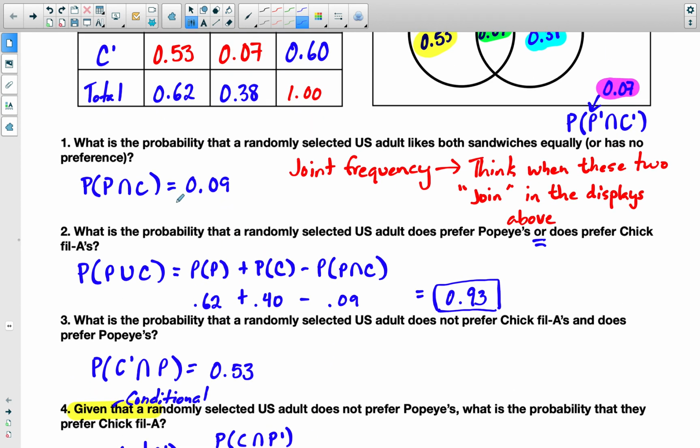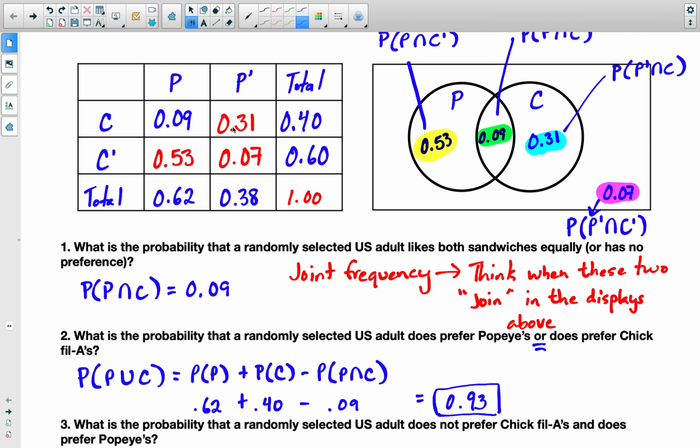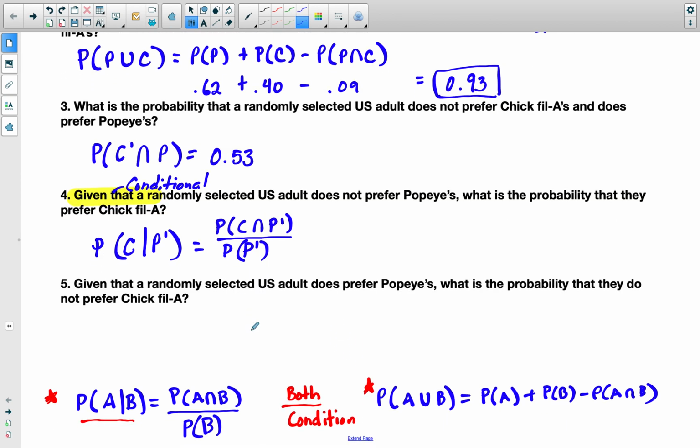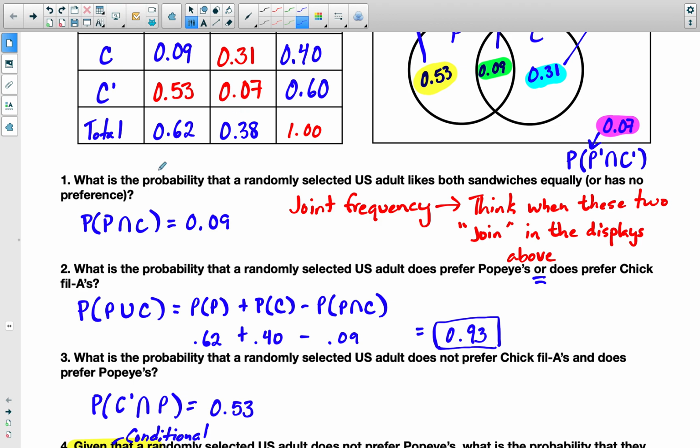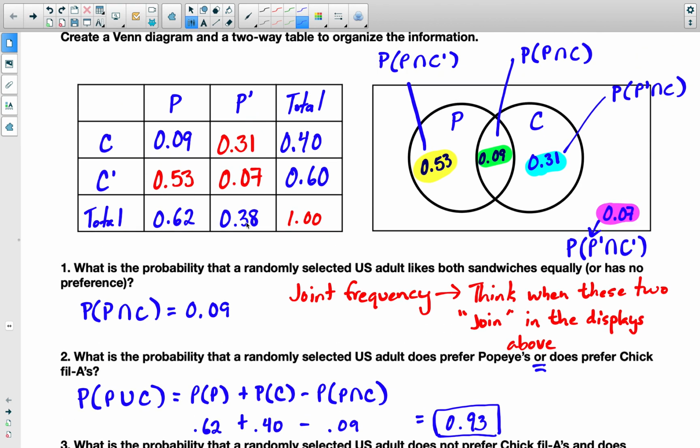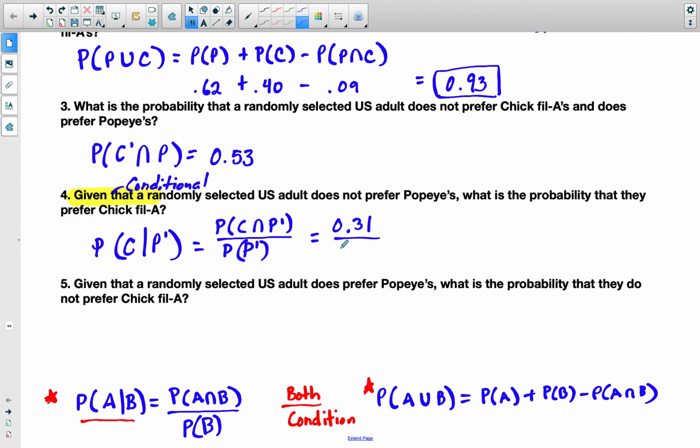So go to C and P prime, it's 0.31. And then probability of P prime is 0.38. Divide, and I have my answer, which is 0.82.